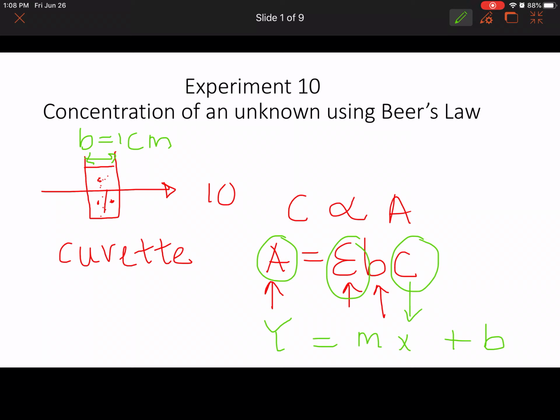Now, to construct the calibration curve, we all know that we need to make a series of solutions. Since the absorbance is going to change with the concentration, we use the Allura red stock solution to make diluted solutions. So let's see how we're going to do that.